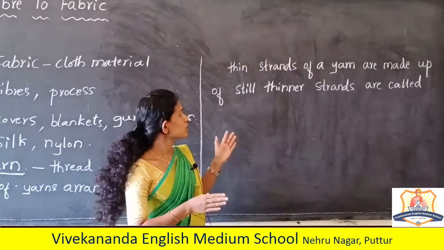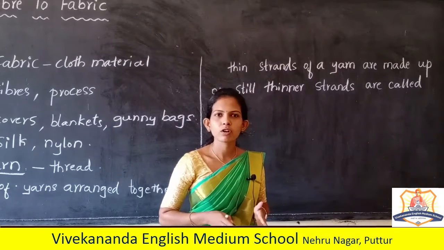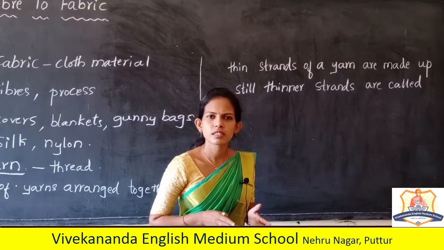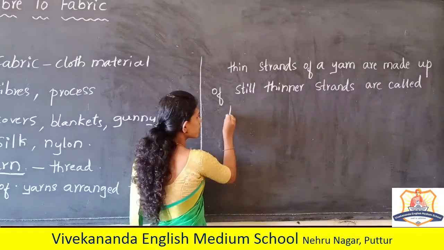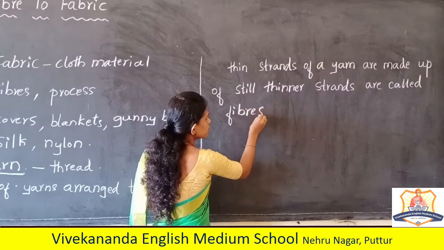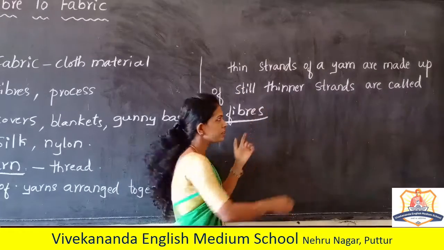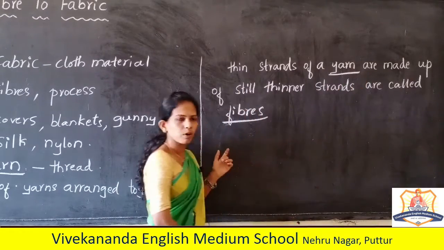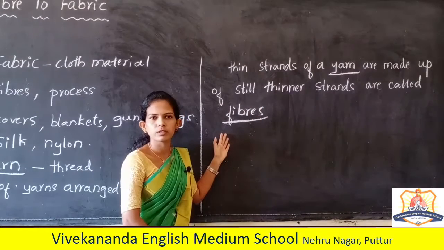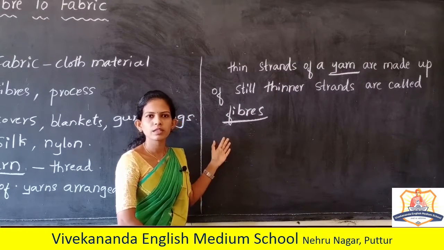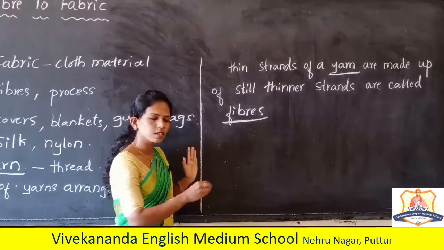The thin strands of a yarn, made up of still thinner strands, are called fibers. Understood? So we have now seen first fabric.